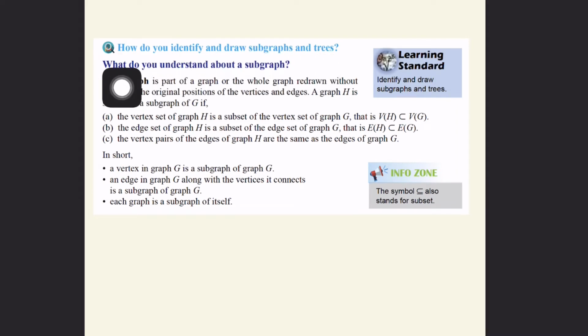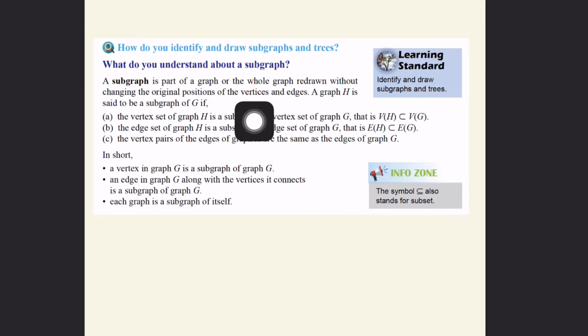Before that, what do you understand about a subgraph? A subgraph is a part of a graph or the whole graph redrawn without changing the original position of the vertices and edges.